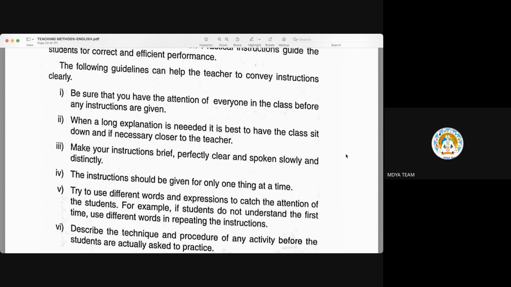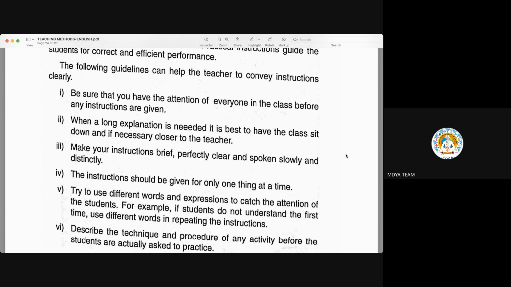Now there are the following guidelines which can help the teacher to convey instructions clearly. What are those? First, be sure that you have the attention of everyone in the class before any instructions are given. First, make everyone attentive to listen to what you are going to say.